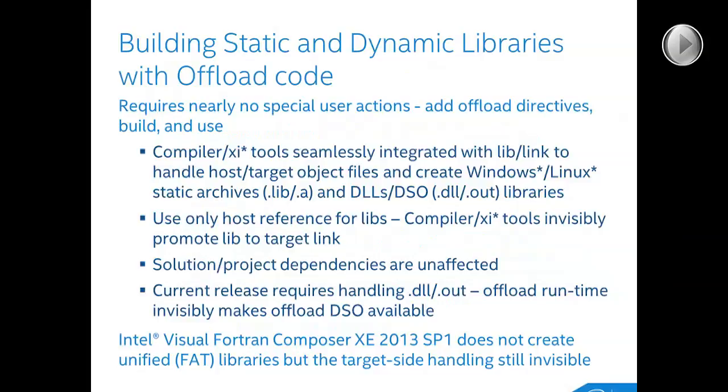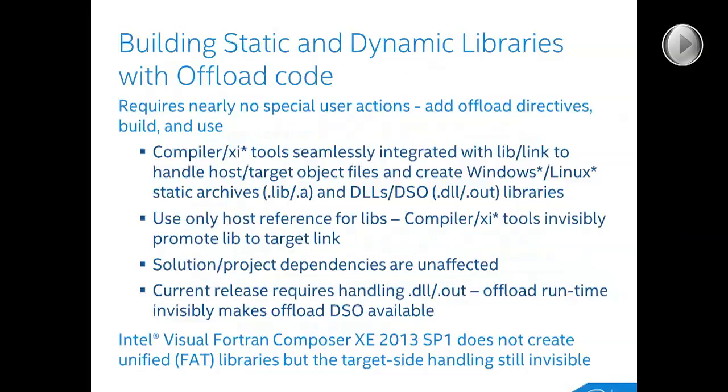In the case of building a static library, what you would see on disk would be a .lib for the Windows library or a .a for the Linux static archive. For DLLs, you'll see the .dll and a .out, which is the dynamic shared object for the Linux target library. From a programming standpoint, you still only make reference to the host version of the library. The compiler and the XI tools will invisibly handle promotion of the library to the target link as necessary.